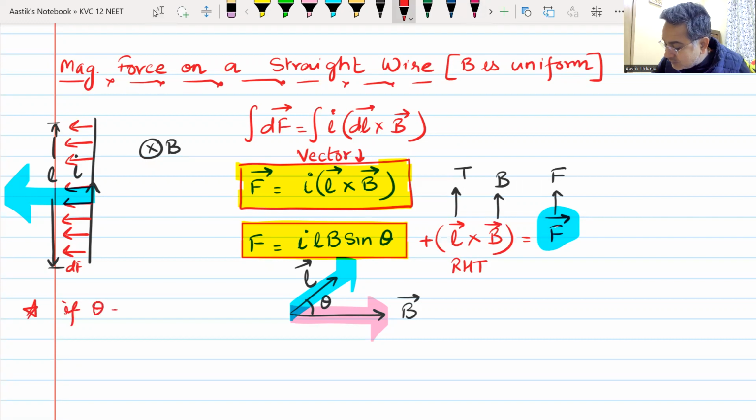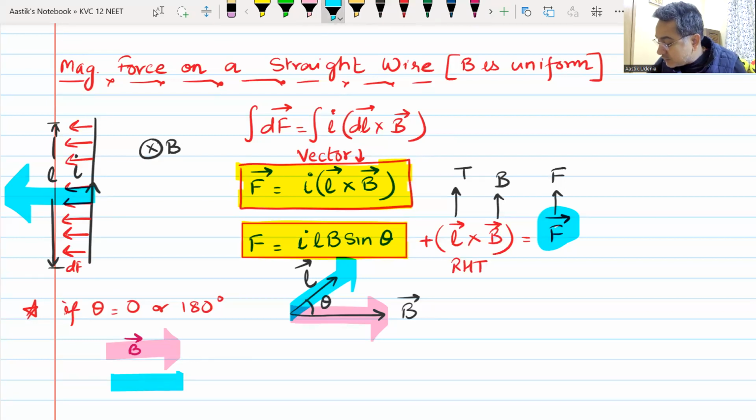If the angle theta is 0 or 180 degrees, that means your magnetic field B and your wire L are in the same direction, or the magnetic field and wire are in the opposite direction, the force acting on this wire would be 0.